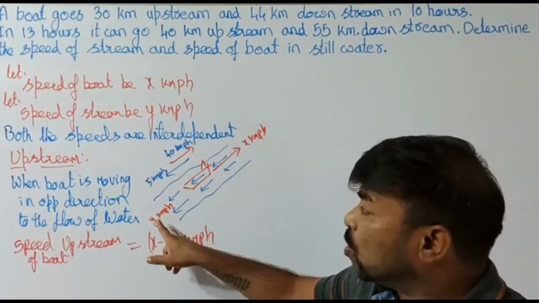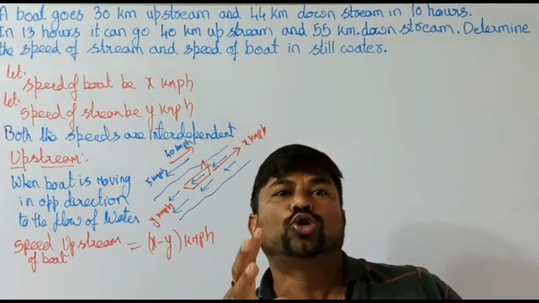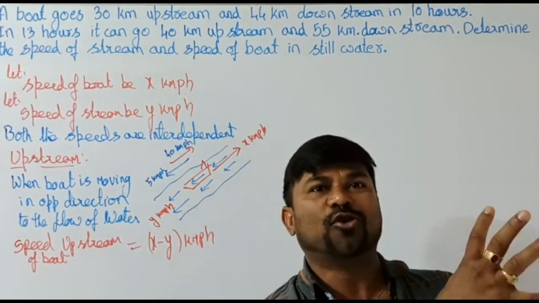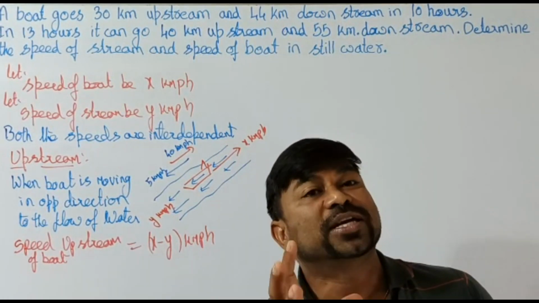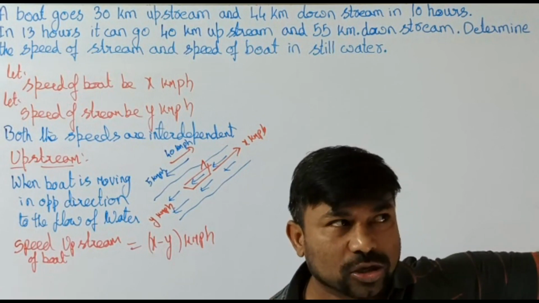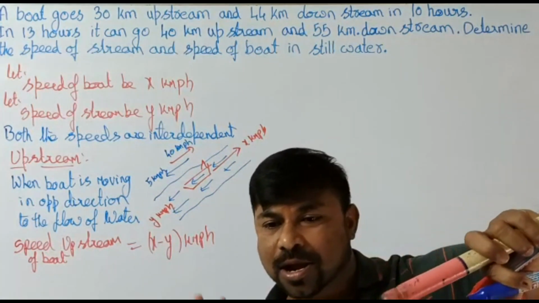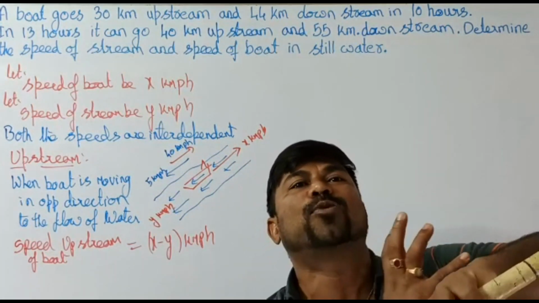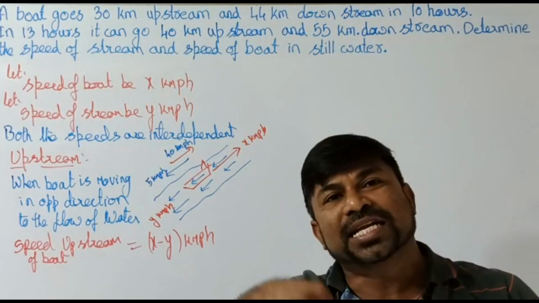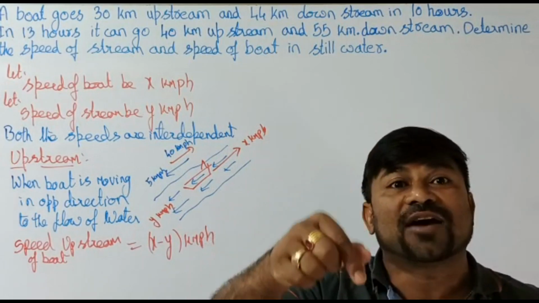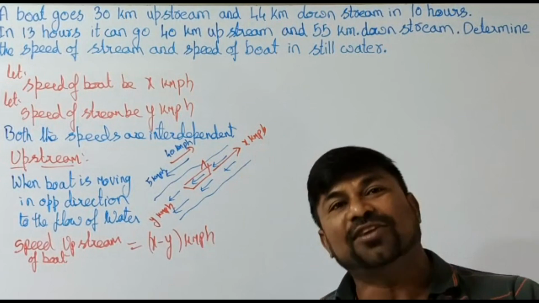Because the water is stopping the boat from moving. With what force is it stopping? 5 kilometers per hour. Actually, it is moving with 40, but this fellow is pushing in the opposite direction. 40 minus 5. The boat travels with a speed of only 35.